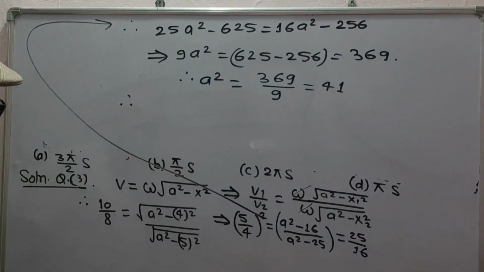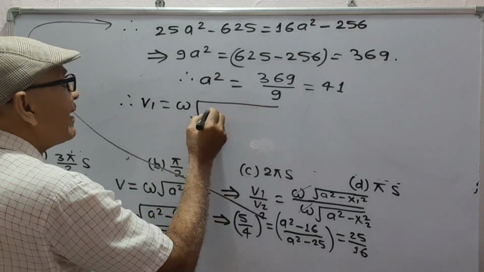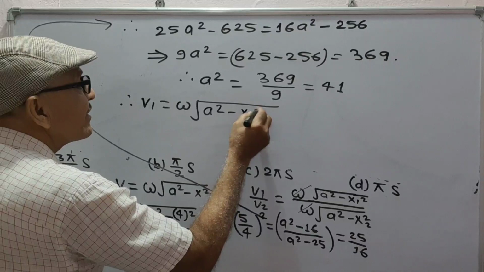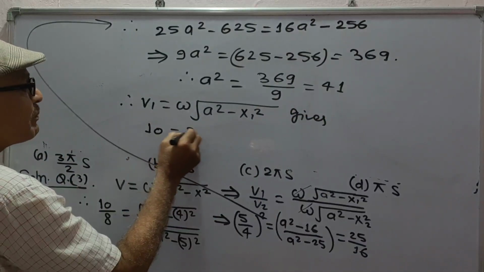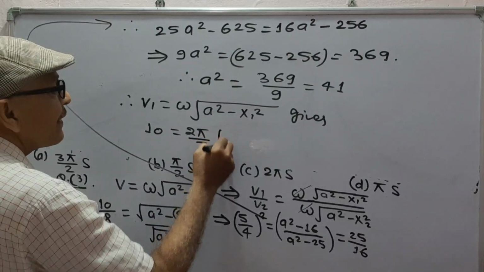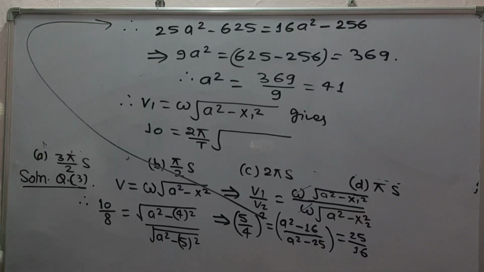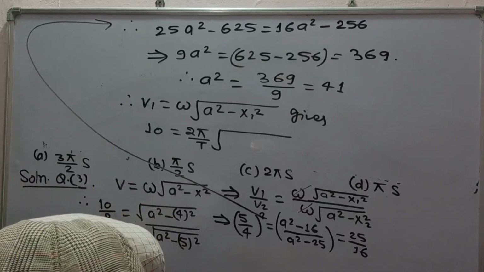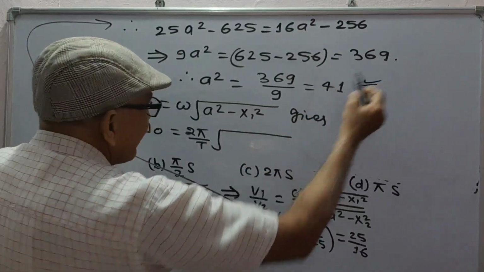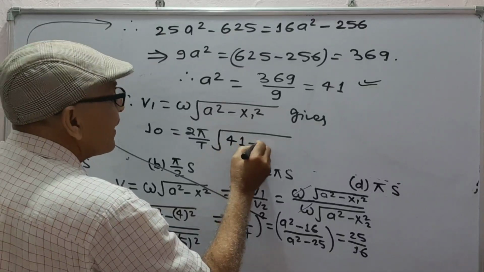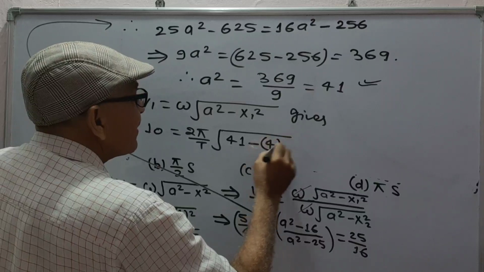Therefore, v1 is equal to omega root of A square minus x1 square. v1 is 10, omega is 2 pi by T, under root A square means 41 and x1 square is 4 square means 16.